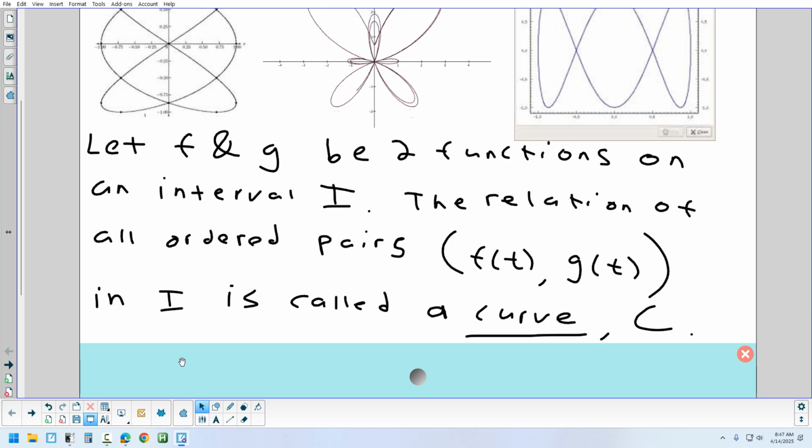So if you take all the different values generated by function f, those are your x's. Take all the different values generated by function g, those are your y's, and you put them all together, generating all the different points you can from those two equations. What you get is called a parametric curve. Even if it is a straight line, they tend to still call it a parametric curve.